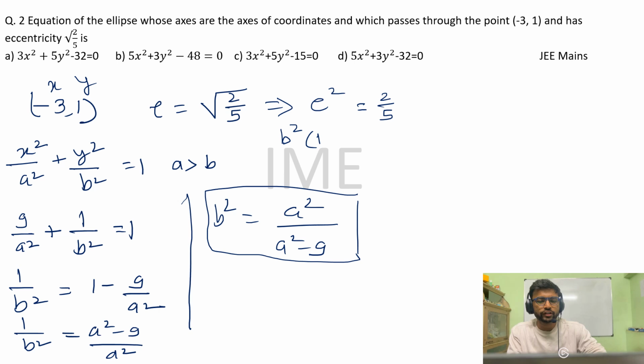So this is the relation between a and b, and this is e. So b square is equal to a square, again 1 minus e square.